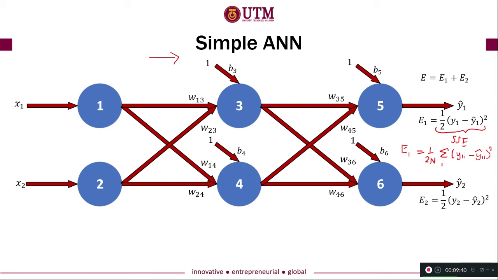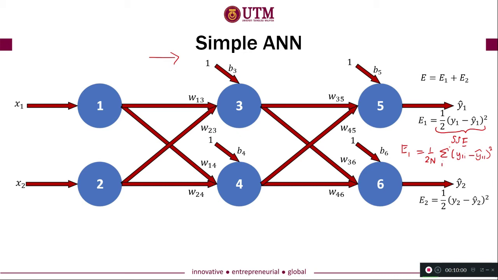So this is MSE. But in my example, because we want to talk about the bigger picture of this mechanism, I just narrow the scope. Assume that I'm using SSE to develop my cost function. I'm not using MSE.